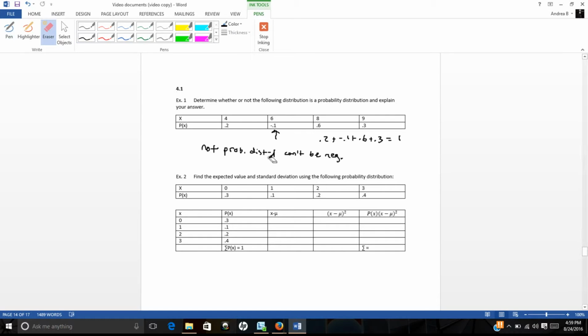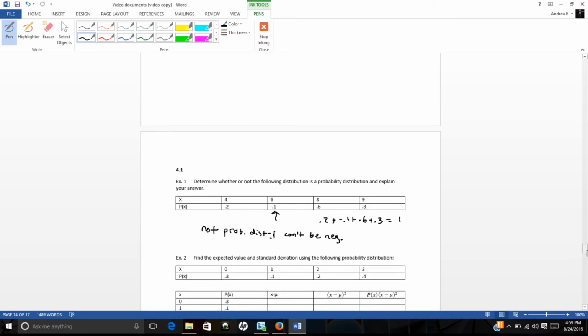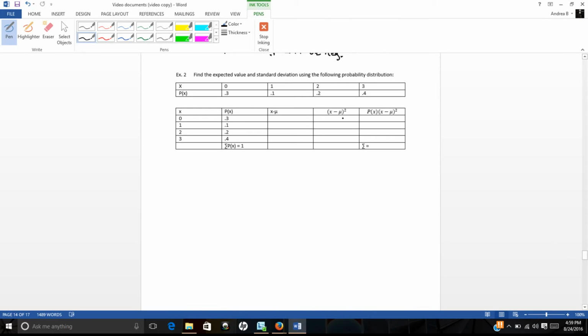And then for the next one here, we have to find the expected value and standard deviation for this probability distribution. And once again, like the other ones here, we have this table that I set up.